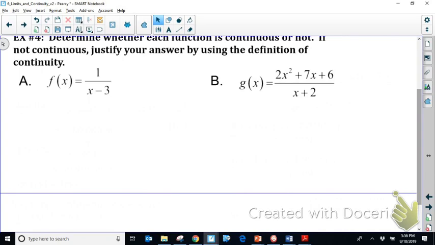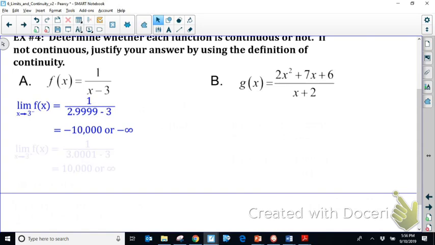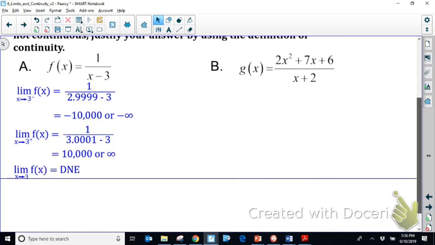So here we're going to be evaluating f of x is equal to 1 over x minus 3. Now I'm going to look at the left-hand limit. The left-hand limit is going to show me that I would approach negative infinity. The right-hand limit would show me I would approach positive infinity. So since the left and the right-hand limits don't match, the general limit simply does not exist. I can try to evaluate the function for f of 3 and show that that is undefined, which makes sense because if you were to graph it, that's where the vertical asymptote would be.